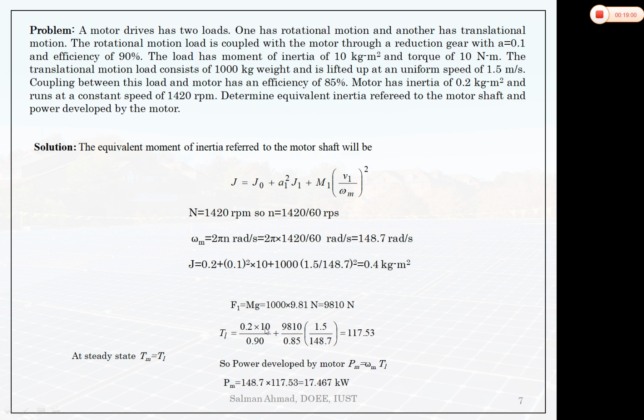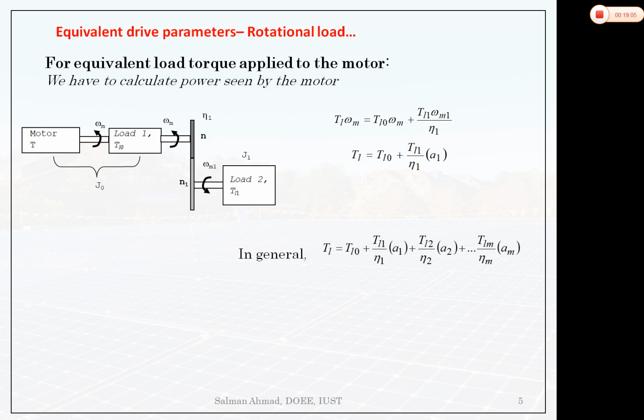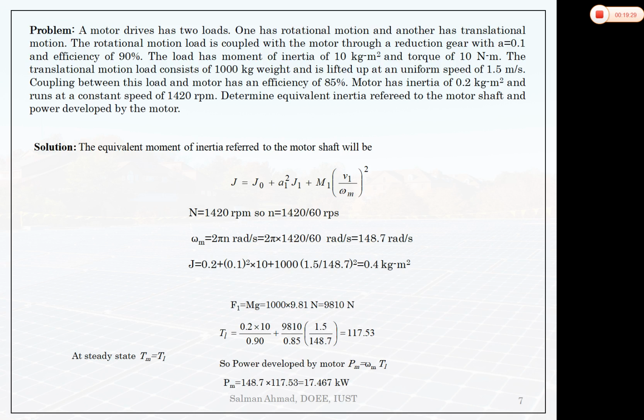If you see the equation, for the directly coupled load, there is no directly coupled load, so we have to take this as 0. Then TL1 a1 upon eta 1 from the rotational load. Similarly for the translational load, that will be F1 V1 upon eta into speed. So we have to add these two components.